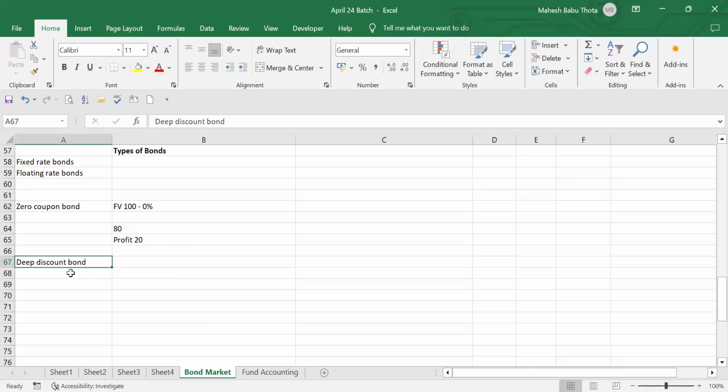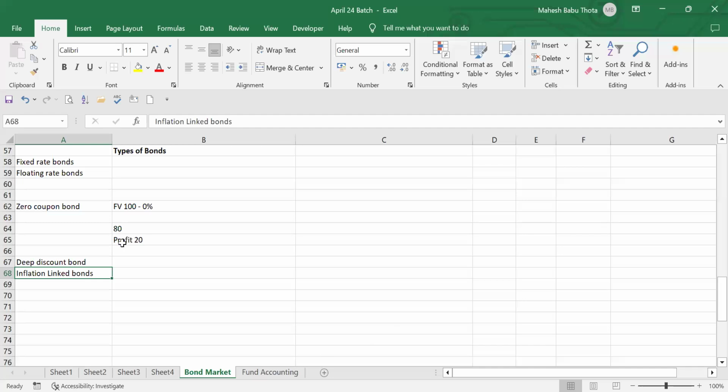And one more thing, we have inflation linked bonds. The name itself says that it's linked to inflation. We know that whenever inflation increases, interest rates should also increase. So whenever my bond is linked to inflation, we call it an inflation linked bond. The interest rate of inflation linked bonds is generally lower than fixed rate bonds.